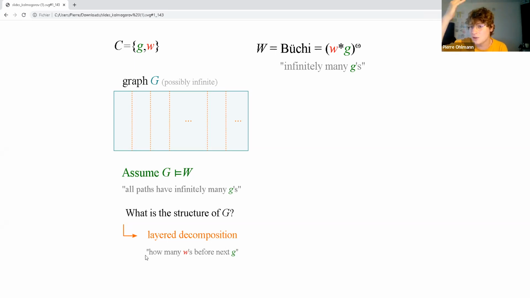The question is how long am I going to wait? Before it was how many bads I am going to see in total, and now it's how long I have to wait before the next good is ensured. This is what the layers capture intuitively, and it's again an ordinal number, because the graph is infinite.